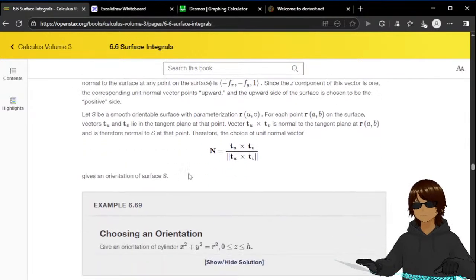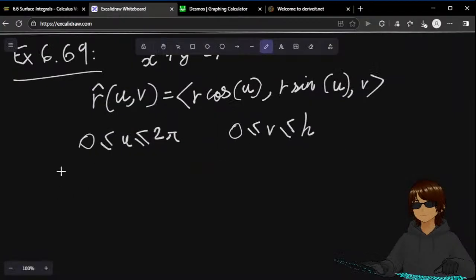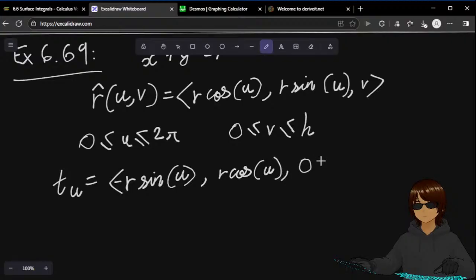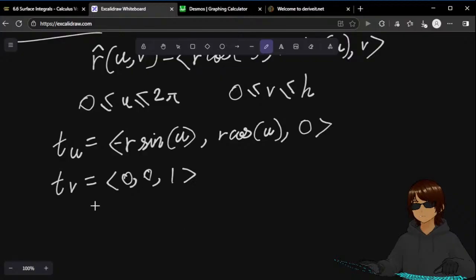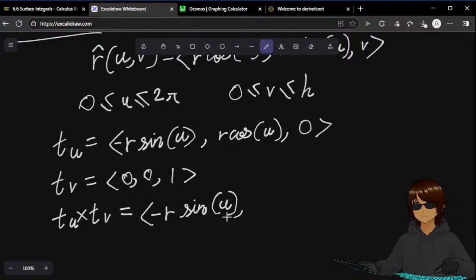The orientation. t_v is (0, 0, 1). So the orientation would be this times this minus this times this, and for k it would be 0.